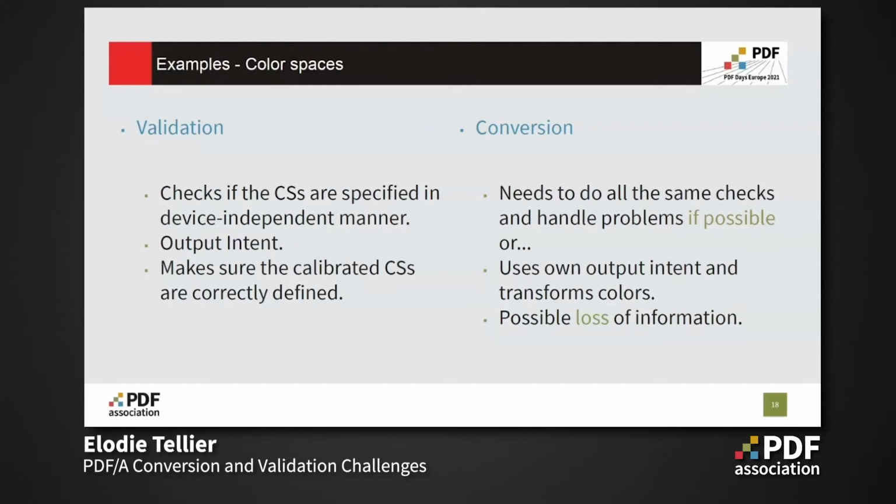Alternatively, if the precise color reproduction is not a priority for the document, we can simply use a basic RGB output intent and transform the colors from the other color spaces. However, in rare cases, this approach might carry the risk of possible loss of information.